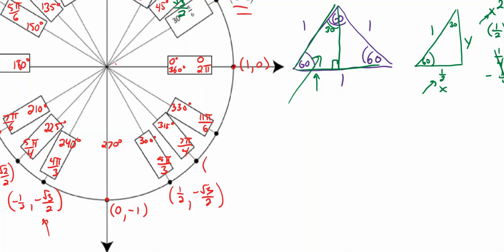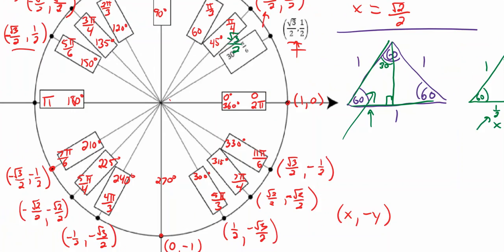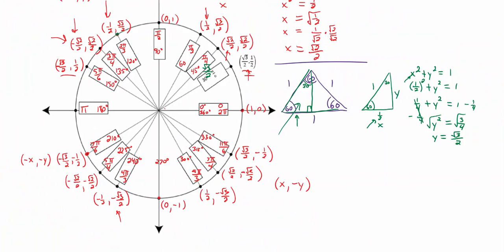And then the next one would be our root 2 over 2's, root 2 over 2, root 2 over 2. And the second one was negative, the y is negative. So let's write down that rule over here too. This would be x comma negative y. And then the last one was the same as these. So that was going to be root 3 over 2, comma, and then negative a half. And there you go. That's your unit circle. You just got to memorize it now.